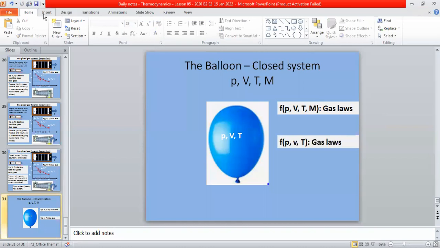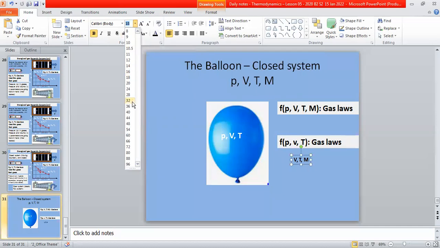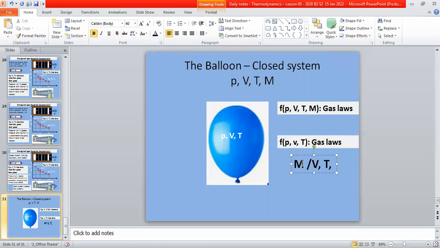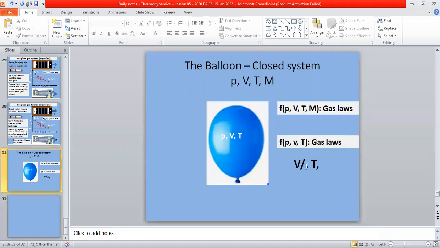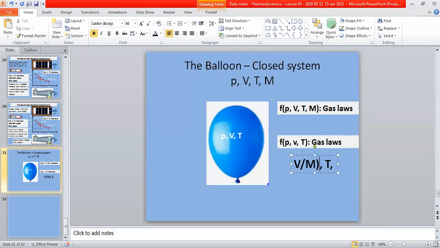But there is a separate connectivity that M and V have a connection, that is V divided by M as a single parameter, other than the pressure, small p.